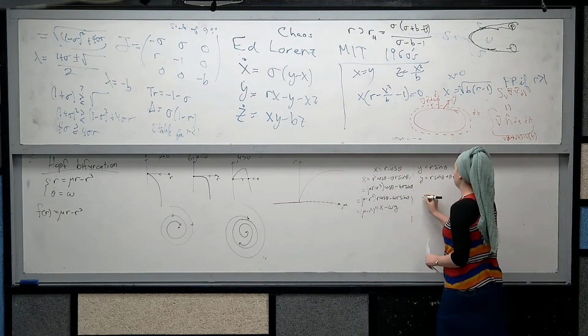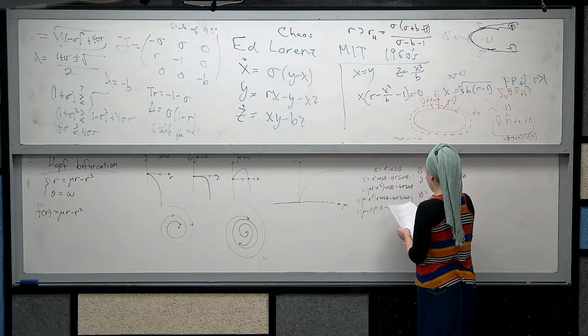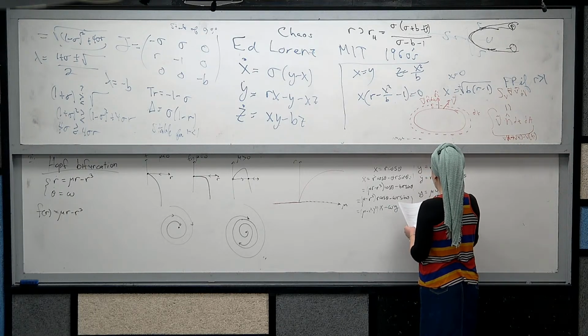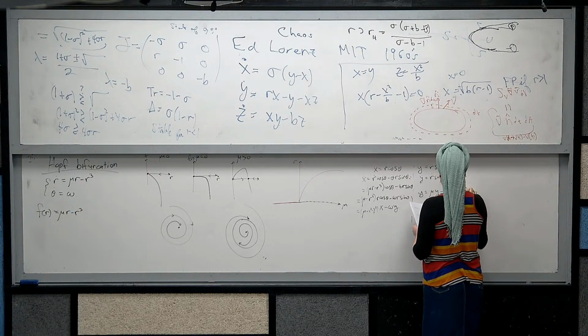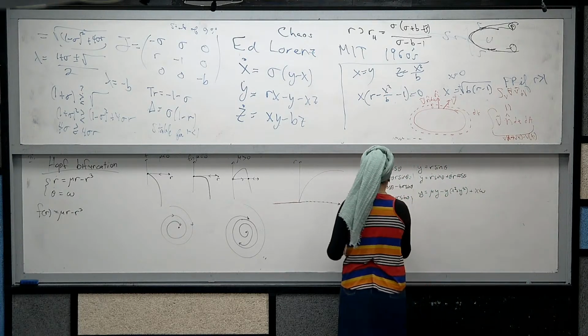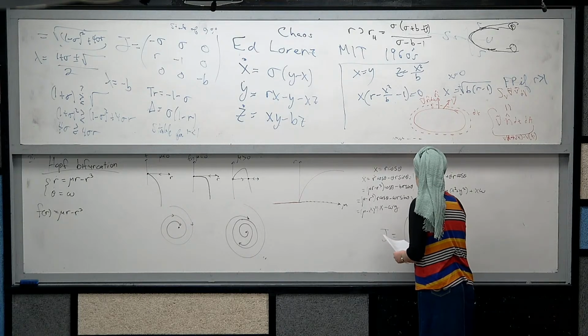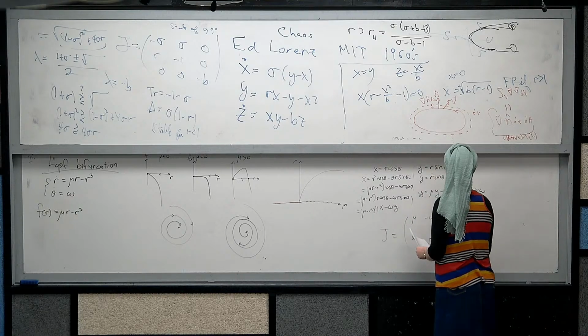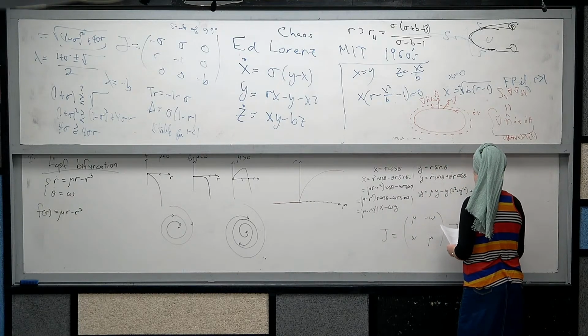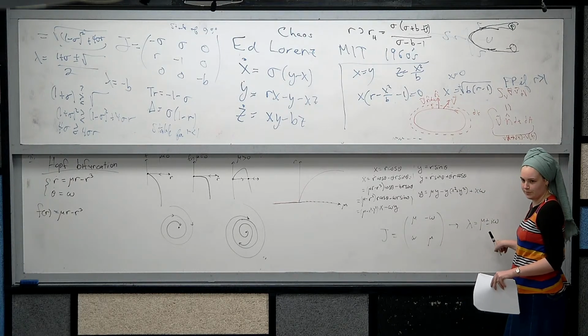In the same way, y dot will be mu minus x squared minus y squared times y plus omega x. The Jacobian is mu, minus omega, omega, mu, and therefore the eigenvalues are mu plus minus i omega.